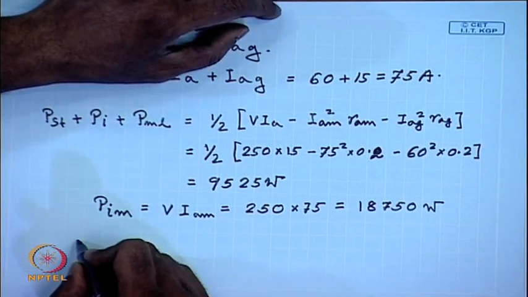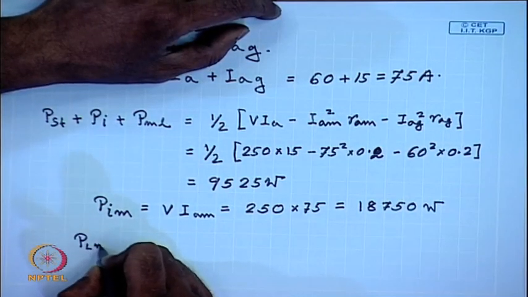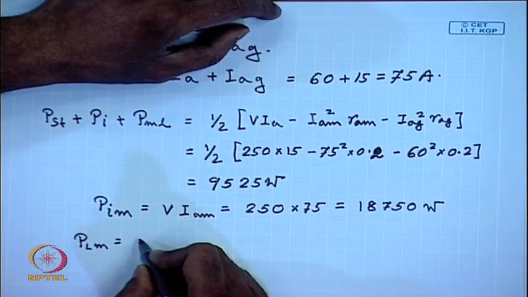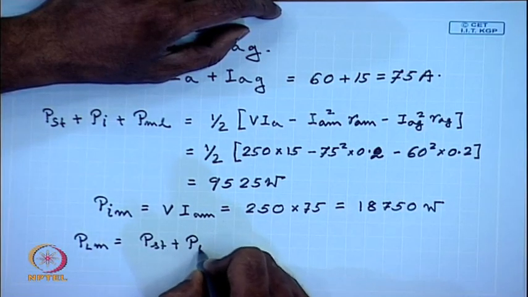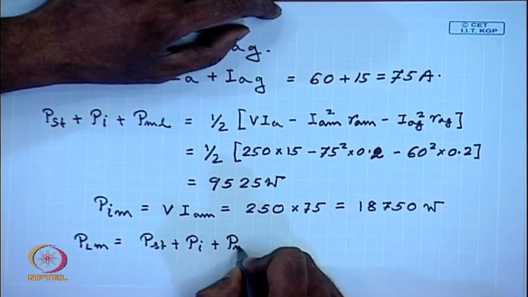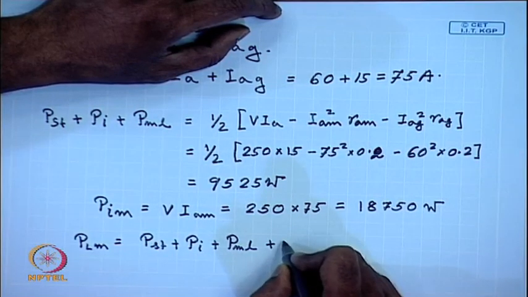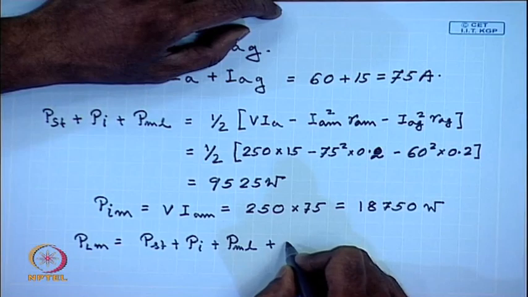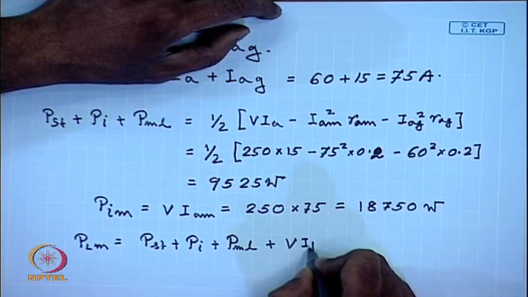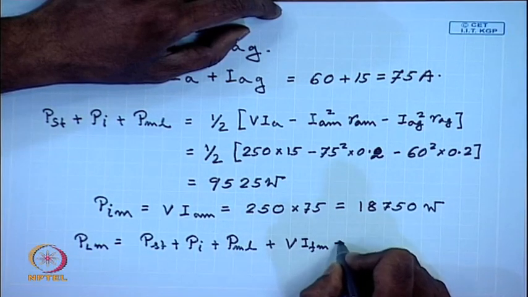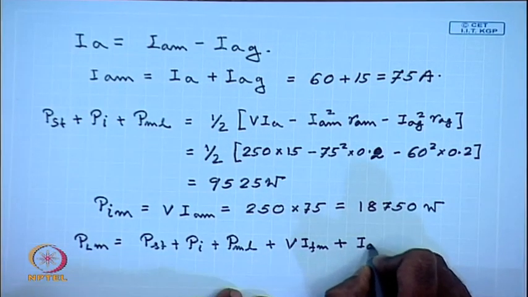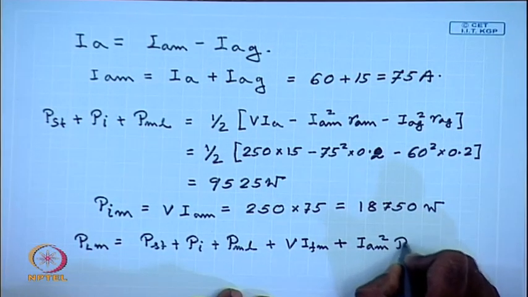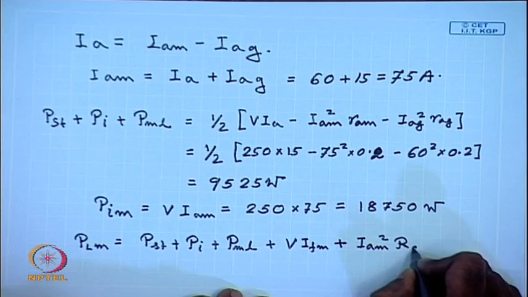So, total loss in the motor PLM equal to PST plus PI plus PML plus shunt field loss, which is V into IFM, plus IAM square RAM.